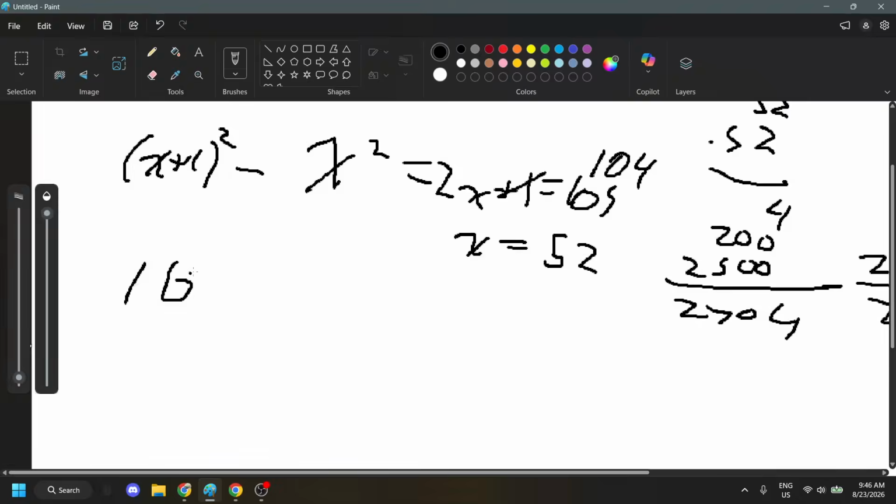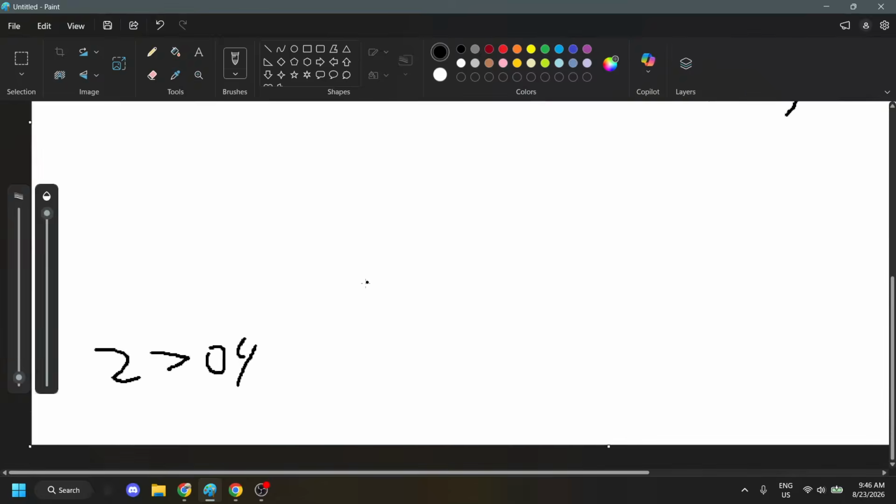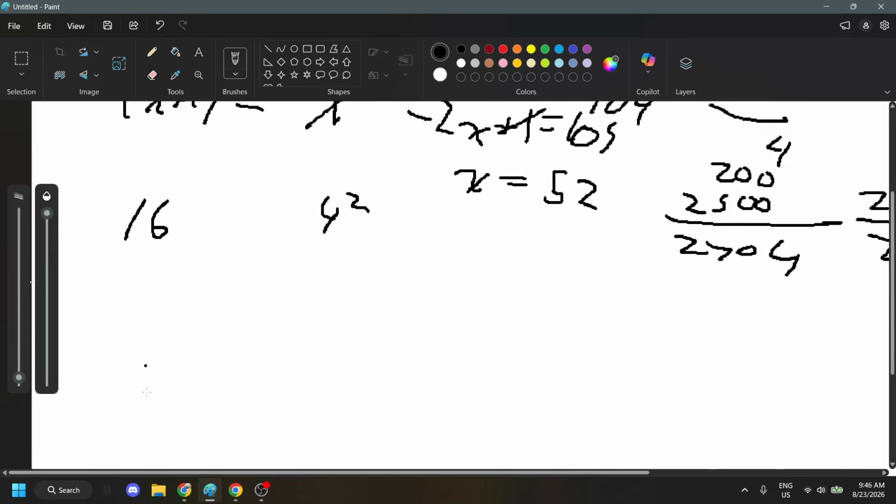We need to look at 144, which is 12 squared. 144, we need 939. No. 169, we need 64, it works.